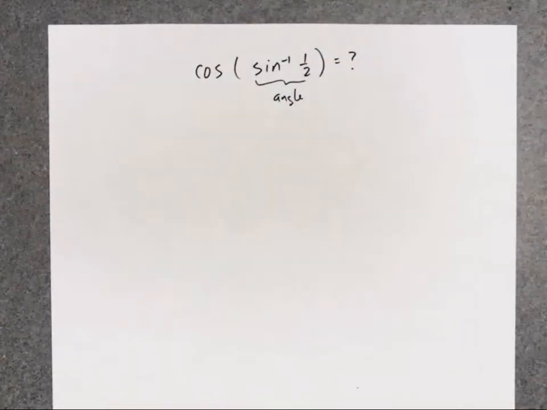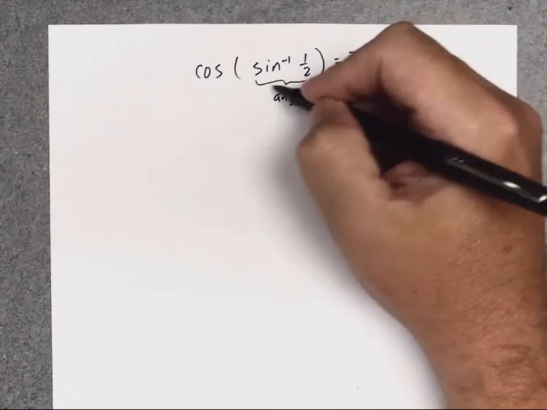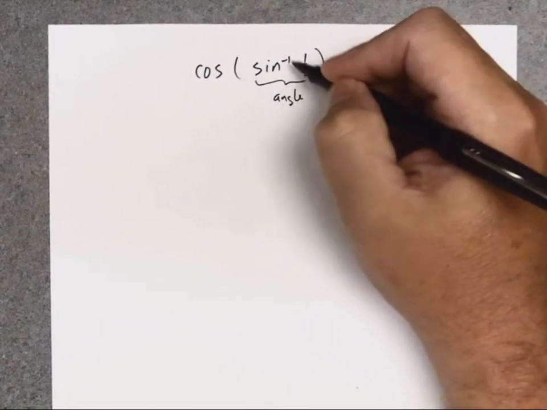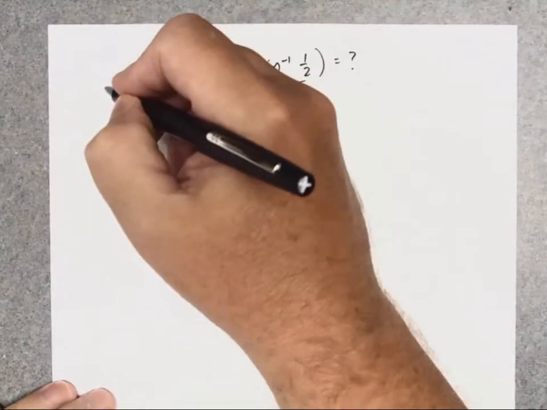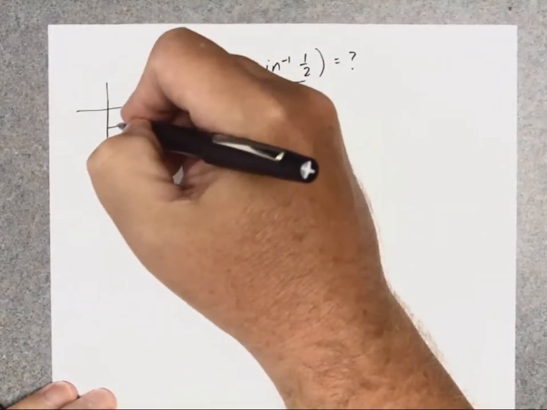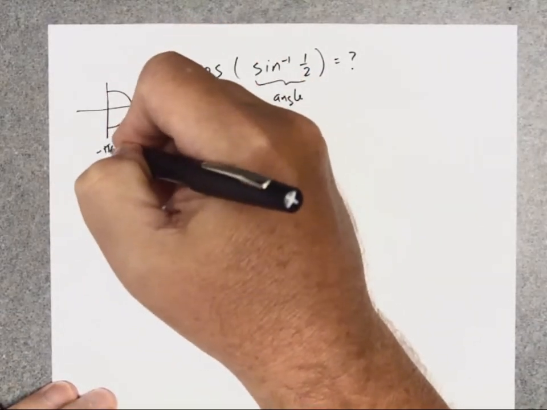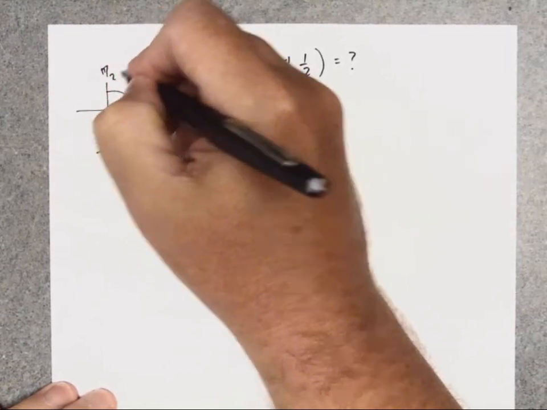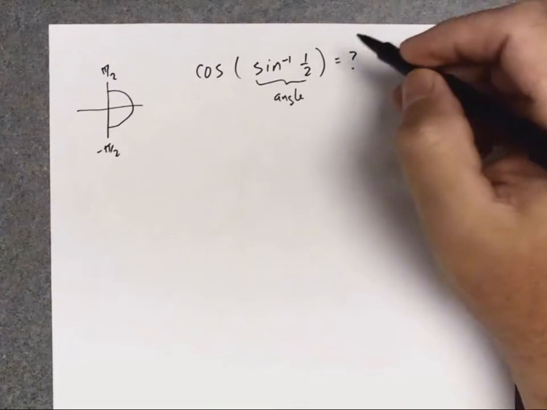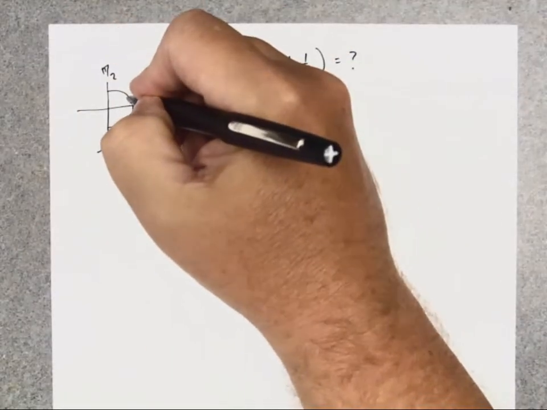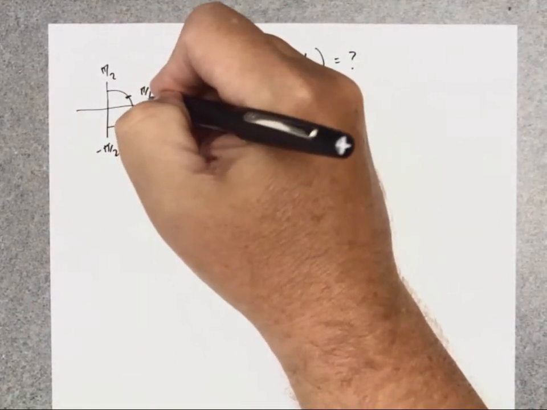But for now, let's go find an angle. And remember, I've got this restriction, it has to be between negative pi over 2 and pi over 2. Let me go find an angle in there where the sine is 1/2. It's right here, pi over 6.